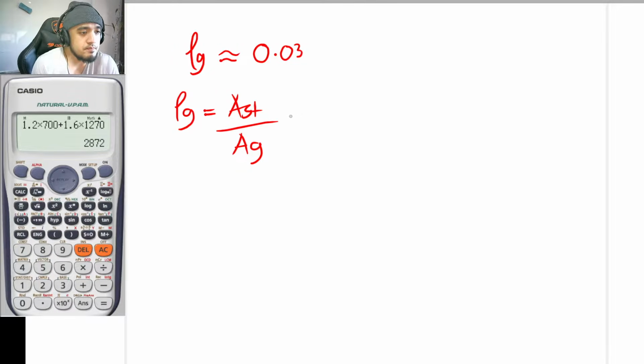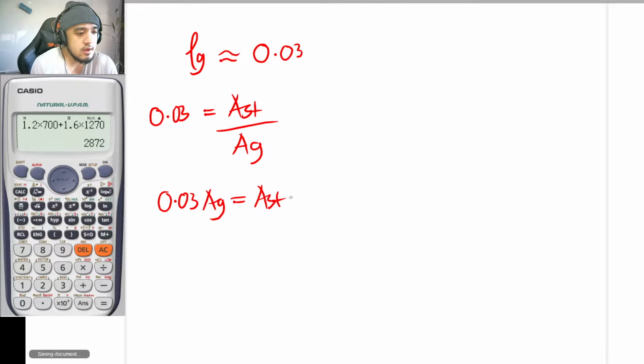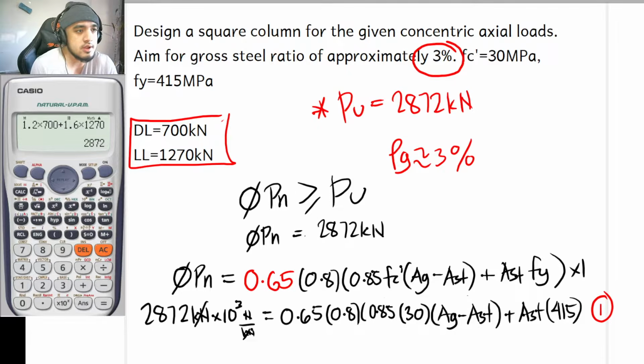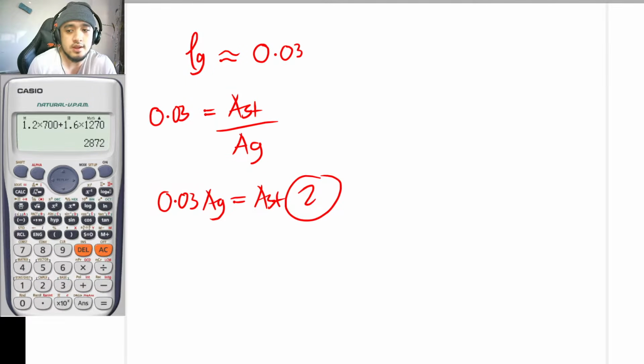So substituting 0.03 and cross multiplying, it would give us 0.03 AG equals AST. So you already have equation number 2. If this is equation number 1 and this is equation number 2, we can now solve them simultaneously. What I would be doing here is substituting the value of AST as 0.03 times the gross sectional area.